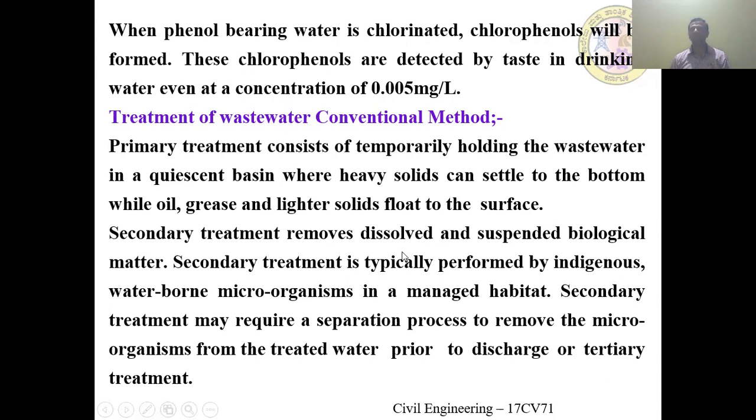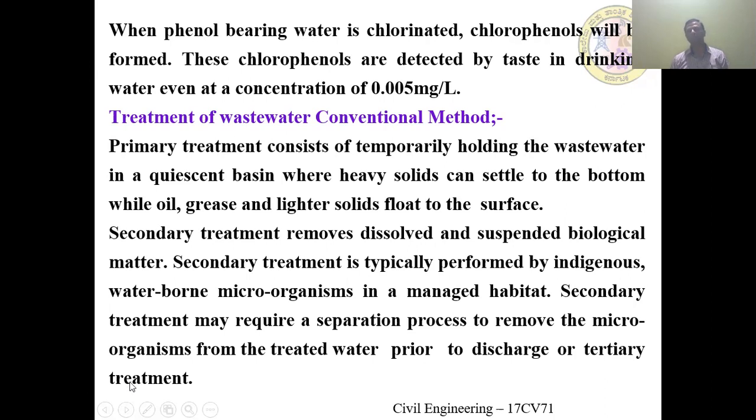Secondary treatment removes dissolved and suspended biological matter. Secondary treatment is typically performed by indigenous waterborne microorganisms in a managed habitat. Secondary treatment may require a separation process to remove microorganisms from the treated water prior to discharge or tertiary treatment. So here we first remove the suspended solids, oil and grease.